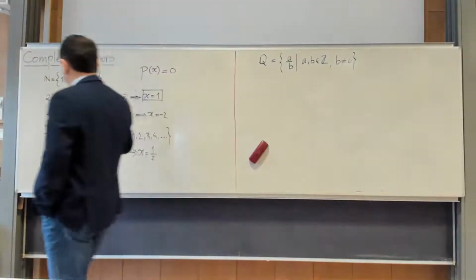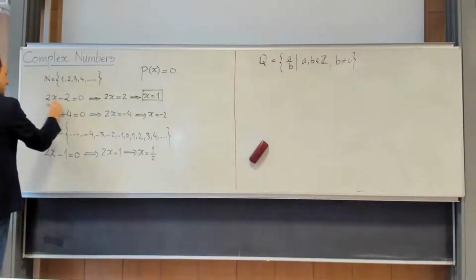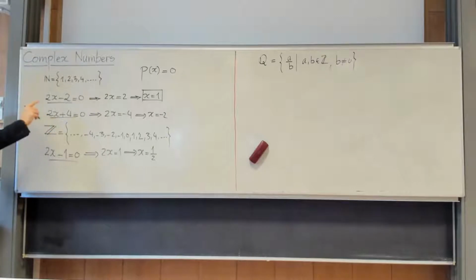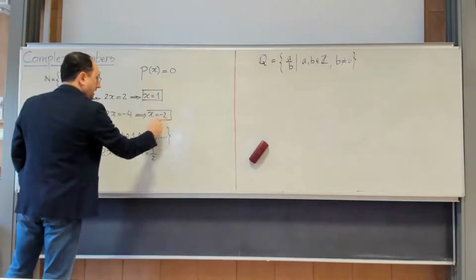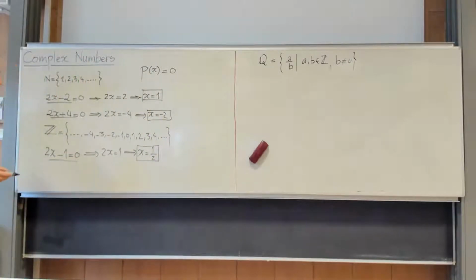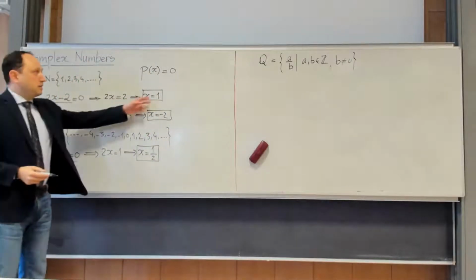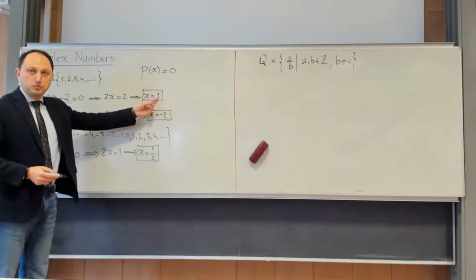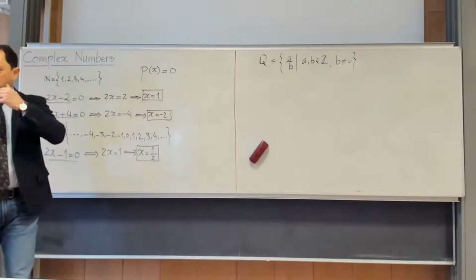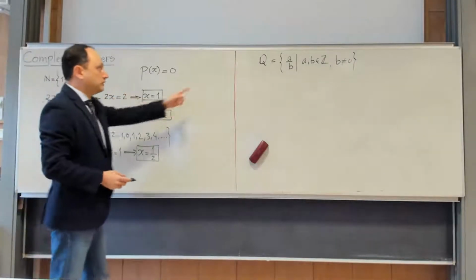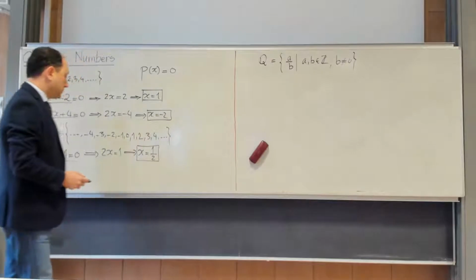It is completely enough to solve this equation, and this equation. By being enough, I mean that when you find the answers, they are members of this set. Why is this a member of that set, even though it is not in a fraction form? Because every number can be written in a fraction form with the denominator equal to 1. So these are all members of the set of rational numbers.